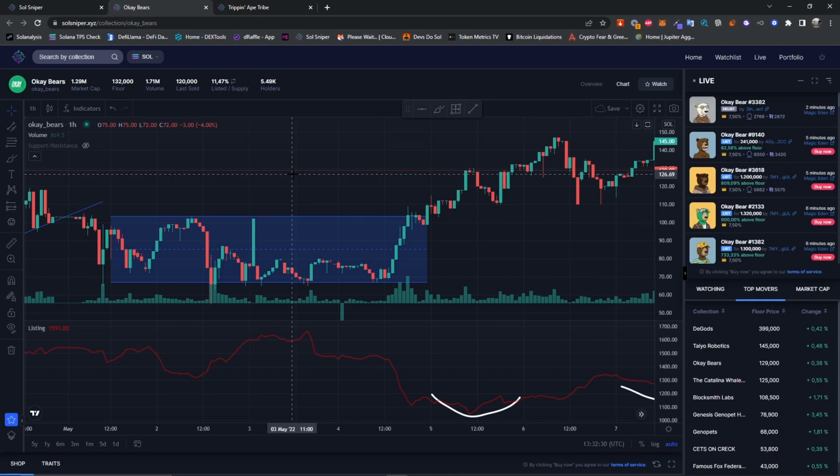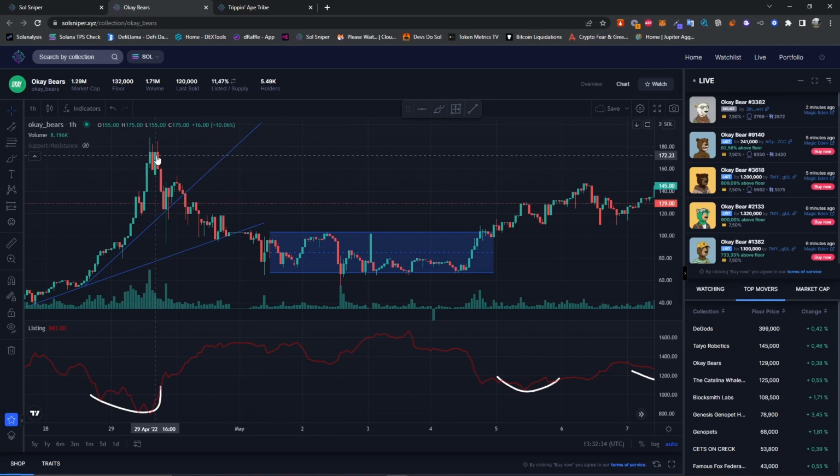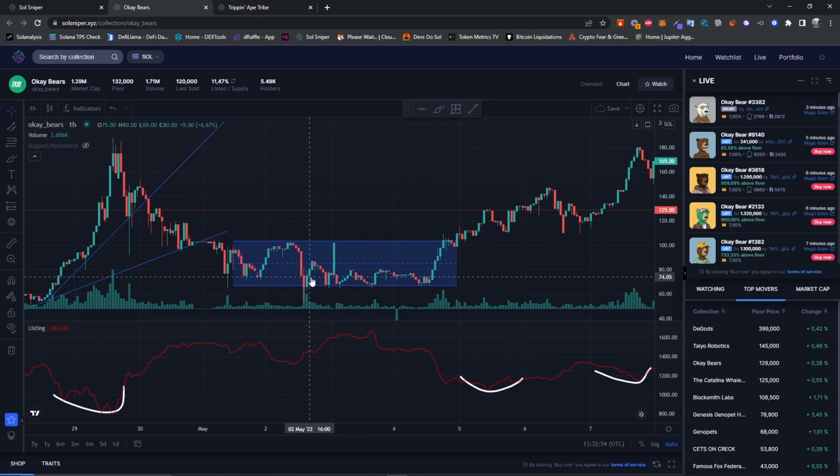So we are looking at bears, okay, and we just saw 180 and a major correction, and now an accumulation phase. And let's just say we all know bears is a good project and a quality project. Yeah, let's just call it that. And then we should expect a pump right after this.